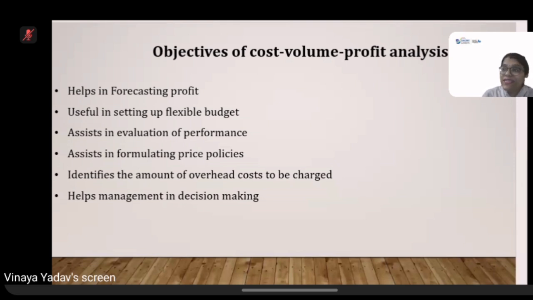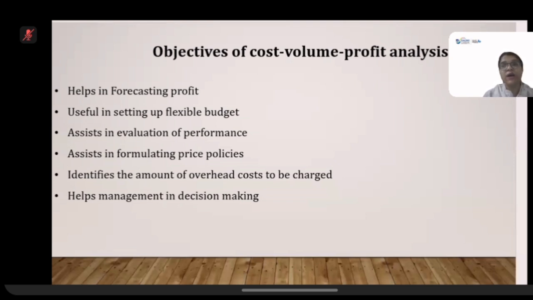So it is very essential to understand the budget first. Also, this analysis will help you in evaluation, students, of the performance, that is for the purpose of control. It is necessary.